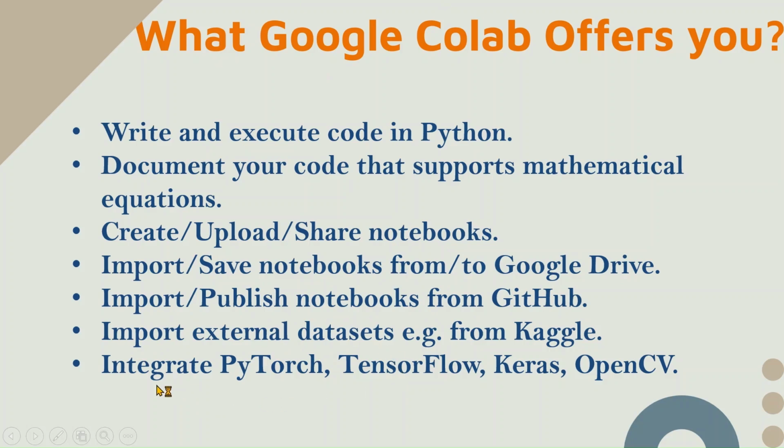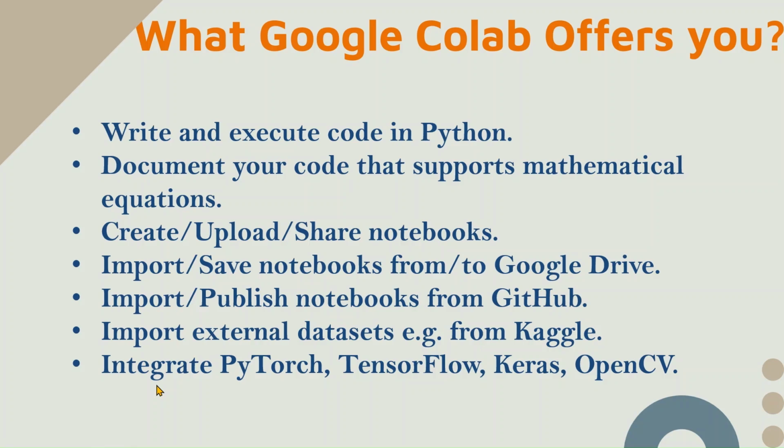Then integrate PyTorch, TensorFlow, then Keras. Then we have OpenCV. Now, PyTorch is a deep learning framework by Facebook, and it is used for flexible and dynamic computational graph development.